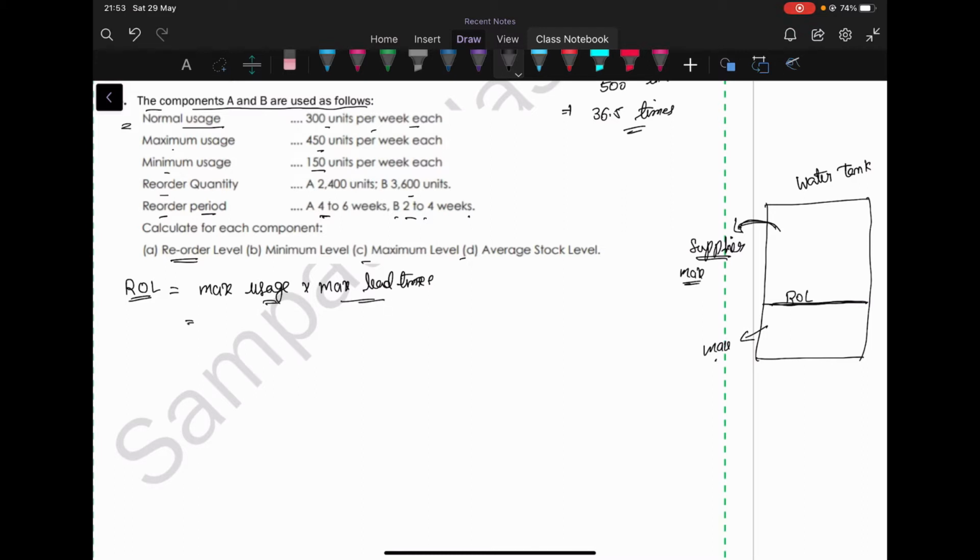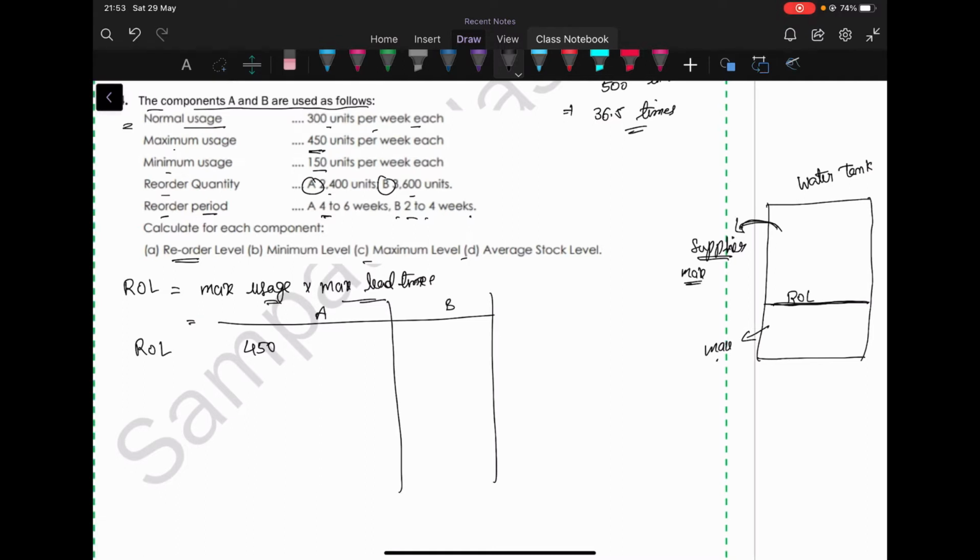Maximum usage is given here. There are 2 products, product A and product B. Maximum usage for product A is 450 units. I'll write reorder level for product A and product B. Maximum usage is 450 units, and how much time will he take for A? 6 weeks.